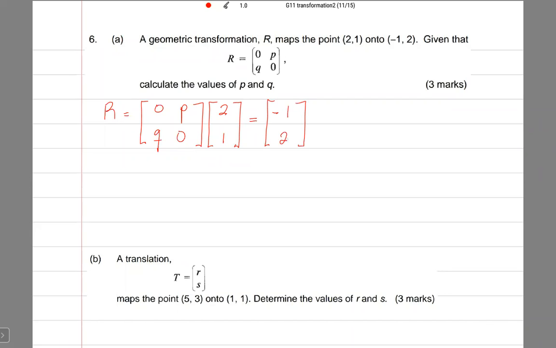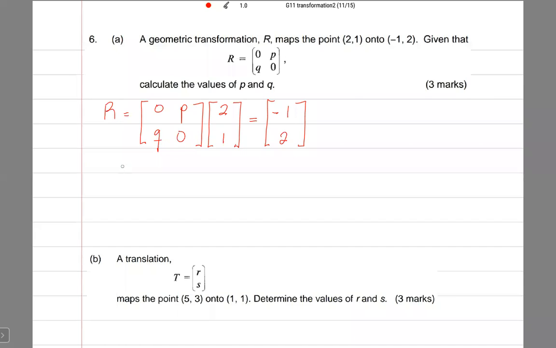Now, for that reason alone, I already know that P is going to be minus 1 and Q is going to be positive 1. Why? Because when P is minus 1 and Q is positive 1, that matrix interchanges the X and Y coordinates, and it changes the sign of the new X coordinate. I know that, but we're asked to calculate the values.